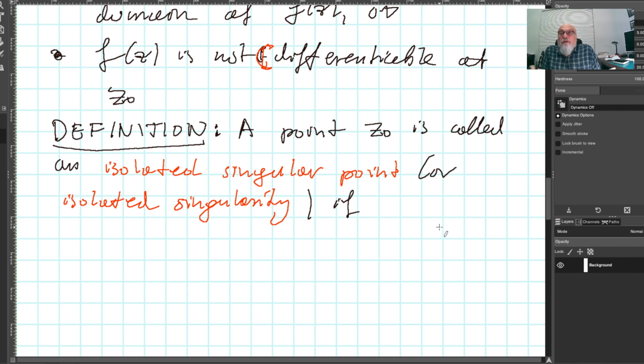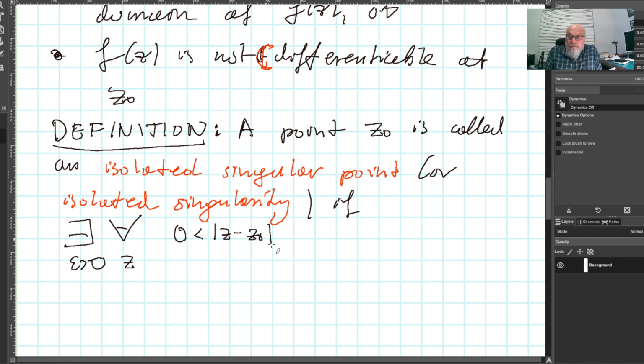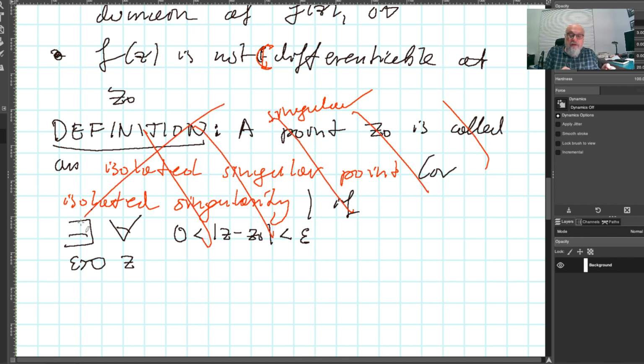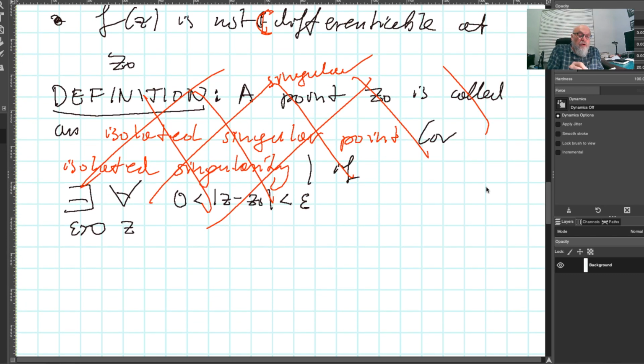So there exists an epsilon, the radius of the disk, such that for every z satisfying the property... oh, I am so sorry. This is not a correctly written condition. It's not erasing, so let me cross it out and start again. Sometimes we have to do it twice.